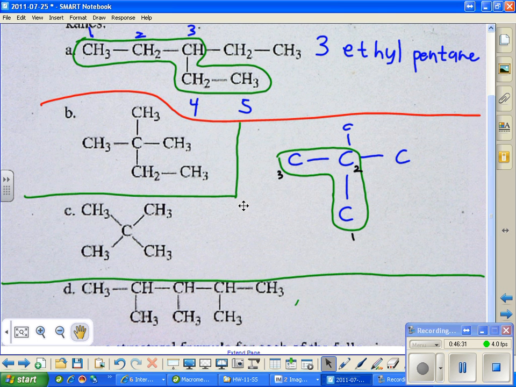Now, what are our substituents? Go ahead and circle the 2 substituents. What carbon are they on? Go ahead and name them. Start with the numbers of the carbons they're on. You're going to need more room than that. Start down here.